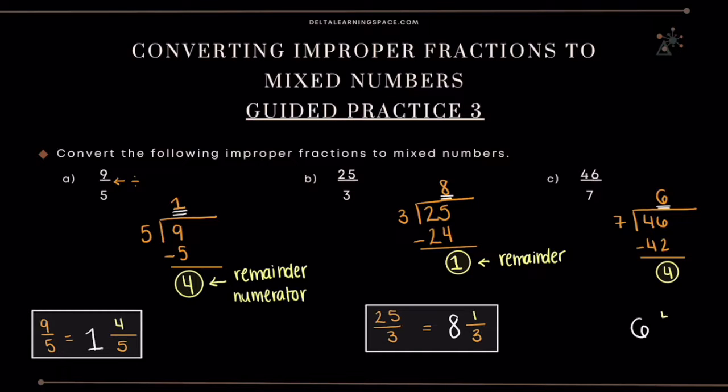We put our remainder in the numerator position, and we do not change our denominator. The improper fraction, 46/7, will equal 6 4/7 as a mixed number.